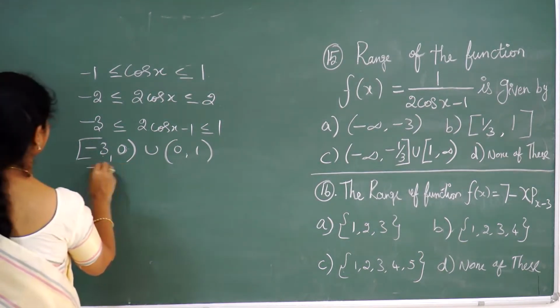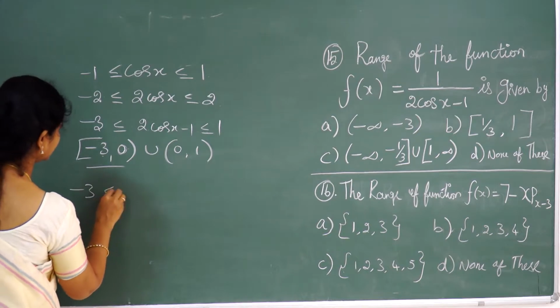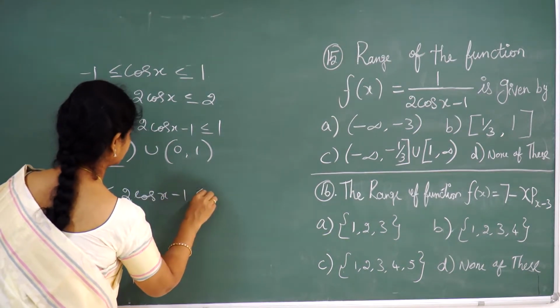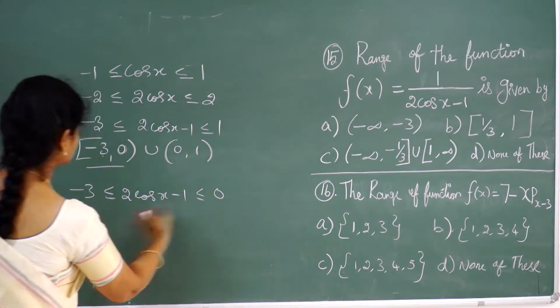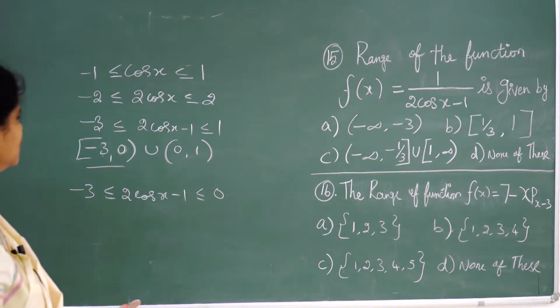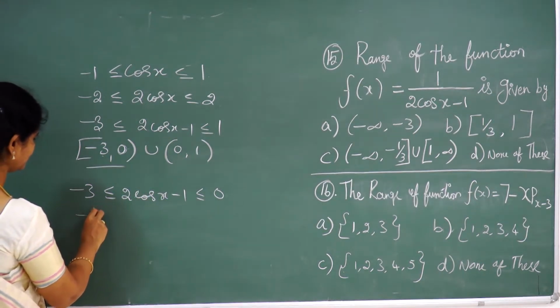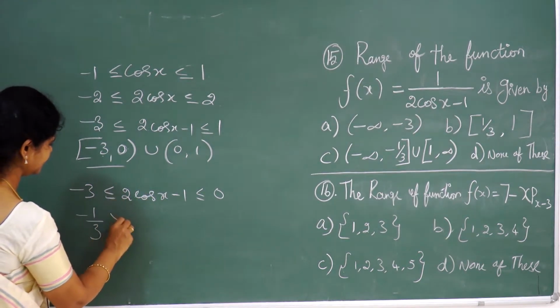First, in this interval, minus 3 less than or equal to 2 cos x minus 1 less than 0. So 0 is in the negative portion. Next you take the reciprocal. When you reciprocate, the inequality is reversed.